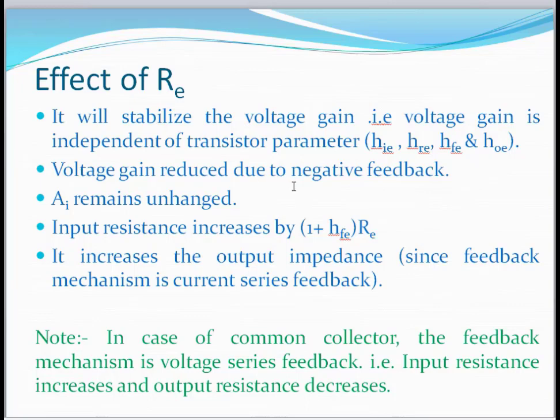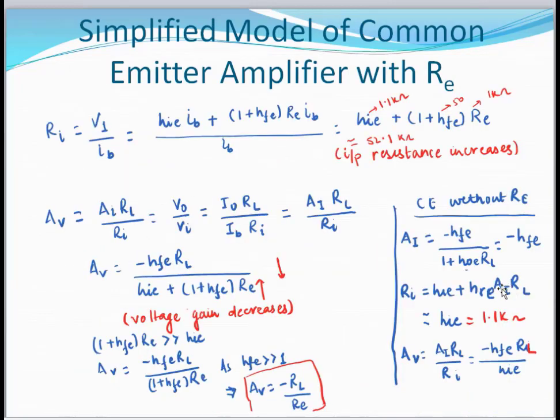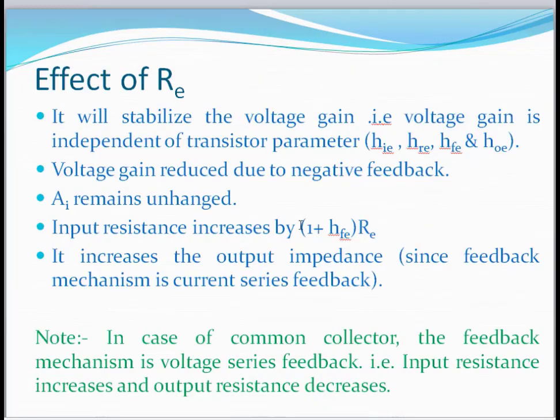The voltage gain is reduced due to the negative feedback, and the current gain remains unchanged. We have already seen that the current gain remains unchanged with RE and without RE. Input resistance increases by (1 plus hfe) RE, and it increases the output impedance.